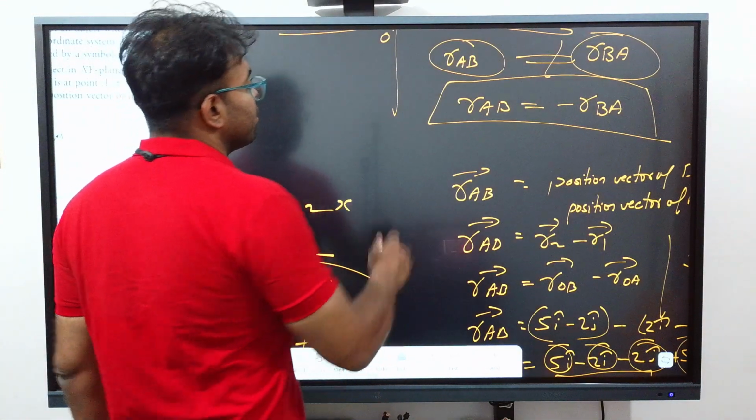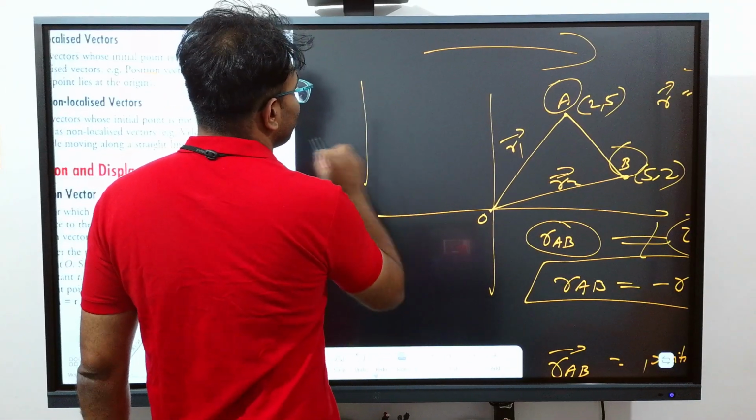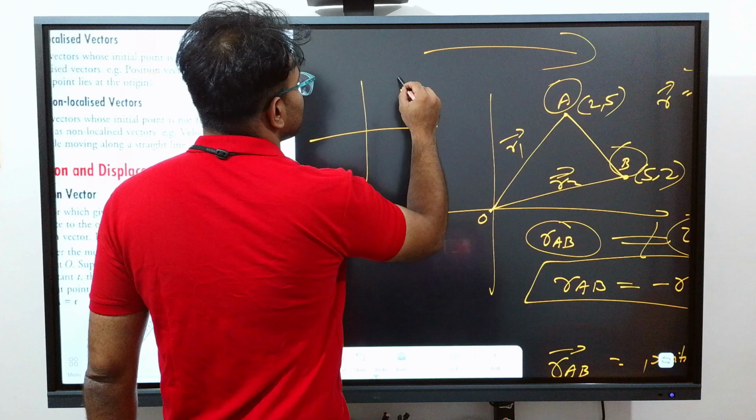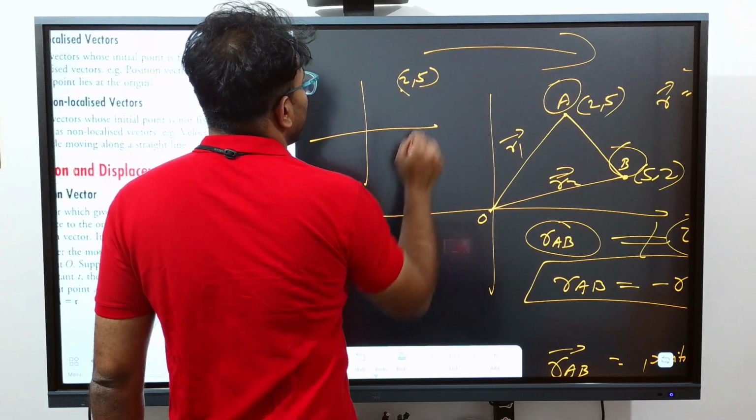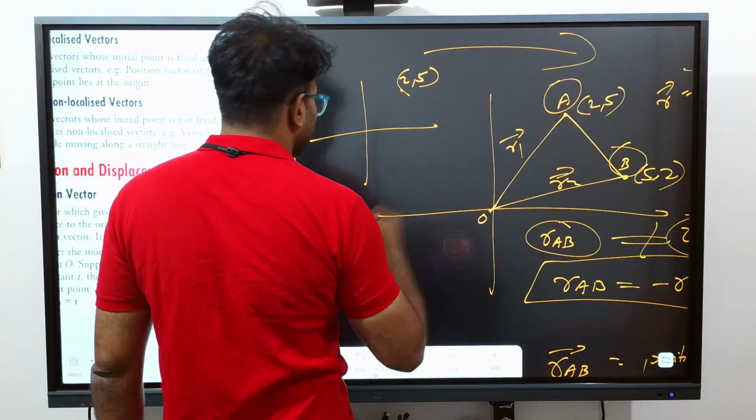For example, Drupad, let's look at an example. You have a point 2 comma 5 and you have a point 2 comma minus 5.